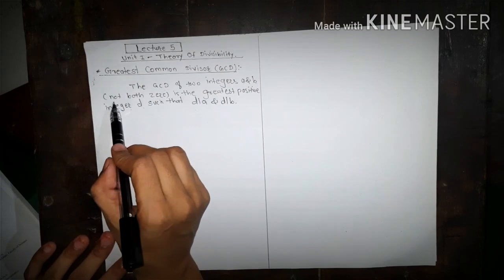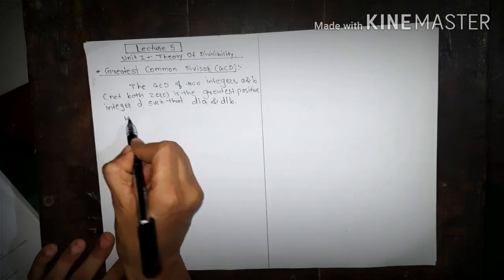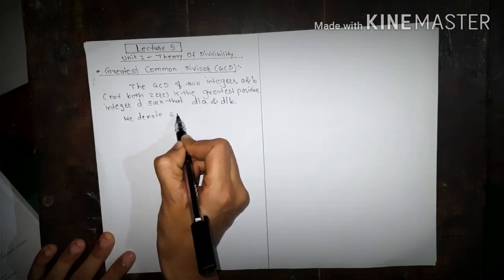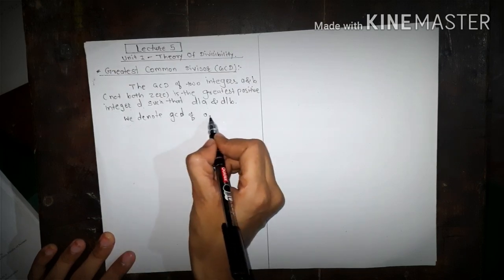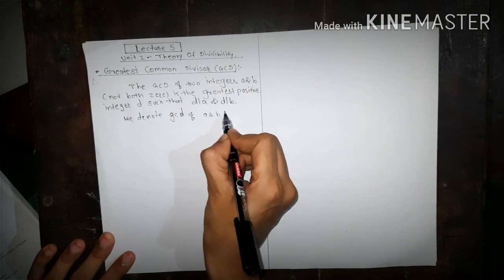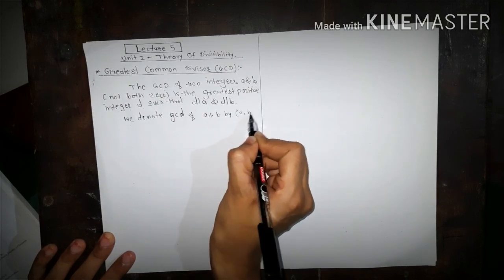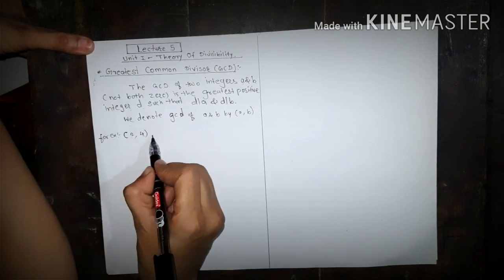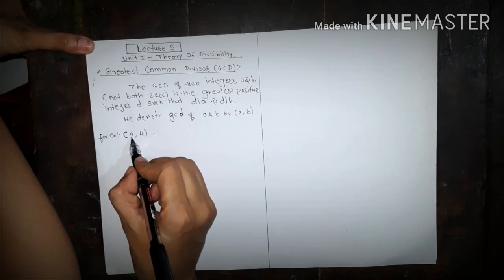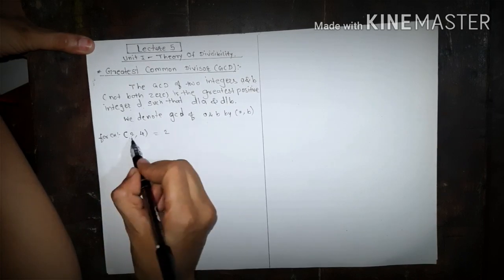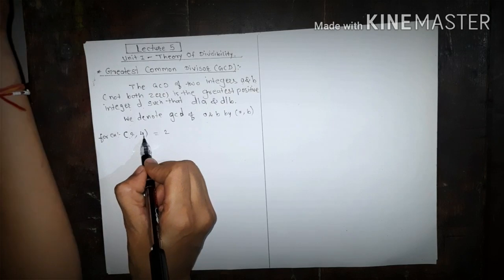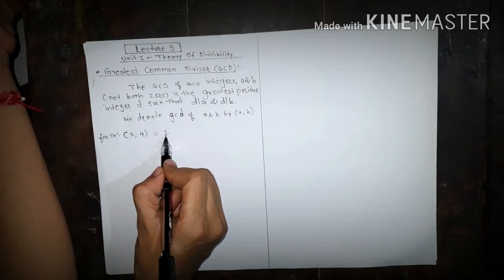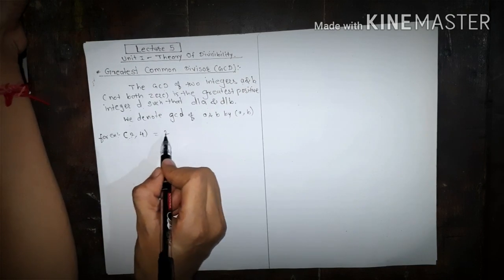We denote the GCD of a and b by the round bracket (a, b). Example: 2, 4 are two integers, and the greatest common divisor of 2, 4 is 2, which divides both 2 and 4. So GCD of 2, 4 equals 2, right?